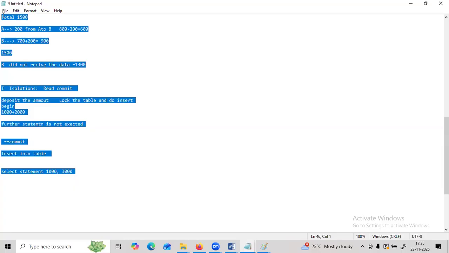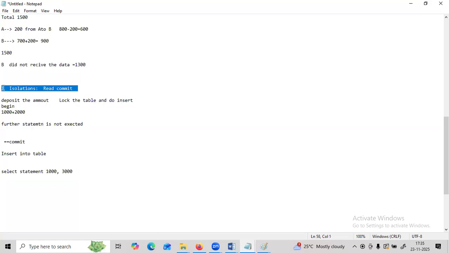So now I hope you understand what a transaction is, what types of transactions we have, and what the ACID properties are: what is atomicity, what is consistency, what is the isolation level, and what is durability.